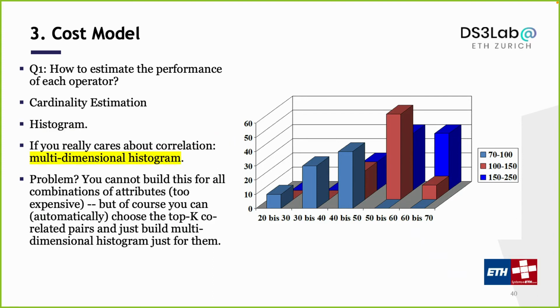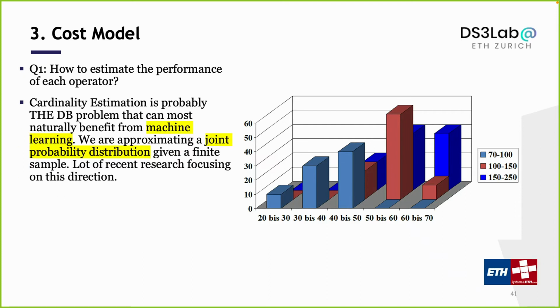Some of you are going to take machine learning next year, so just remember this problem, cardinality estimation, because there are multiple problems inside a database system that could benefit from machine learning models. You can replace many things by machine learning models, and cardinality estimation is probably one of the most natural problems to be replaced.